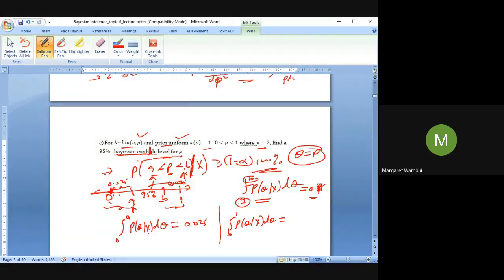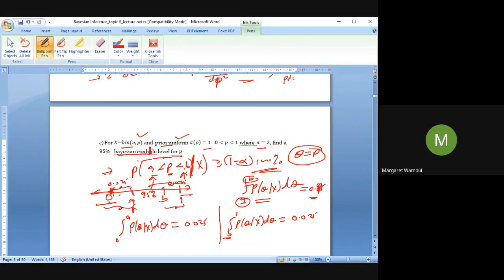That is the lower tail of my credible level, on the lower side. Then the upper tail will be from B to 1. So if I integrate my posterior distribution from B to 1, I still equate it to 0.025, and then I'll be able to get my two unknowns A and B, and that will give me the credible interval for P.